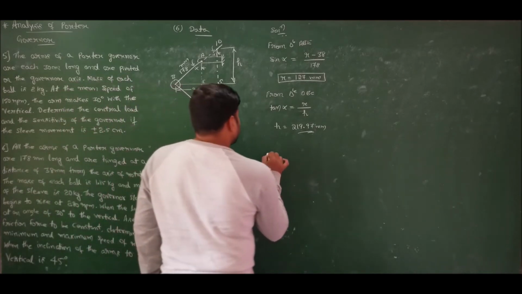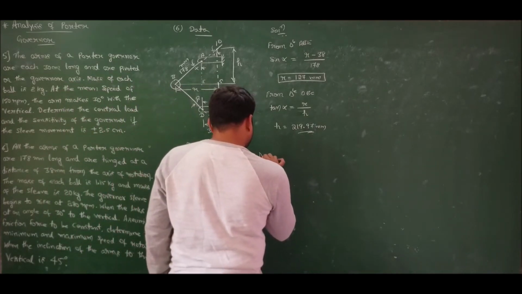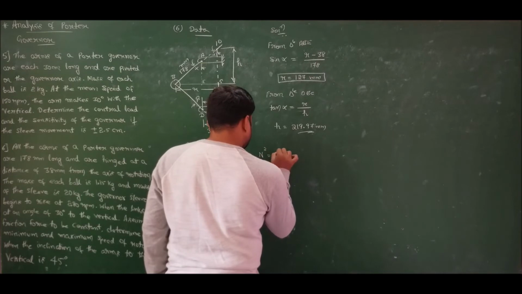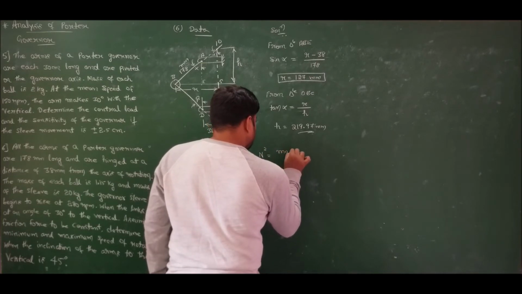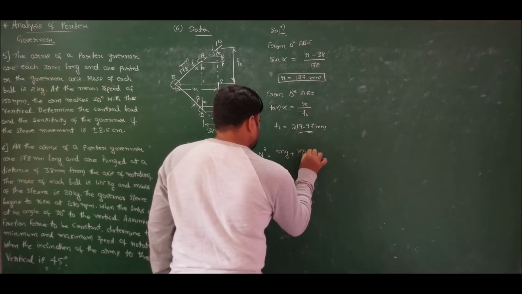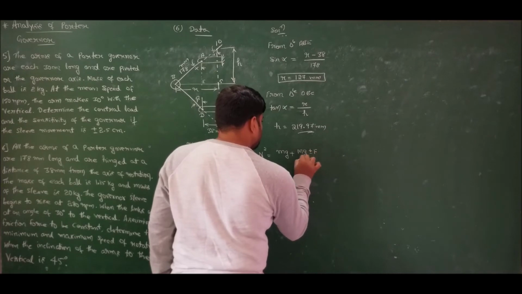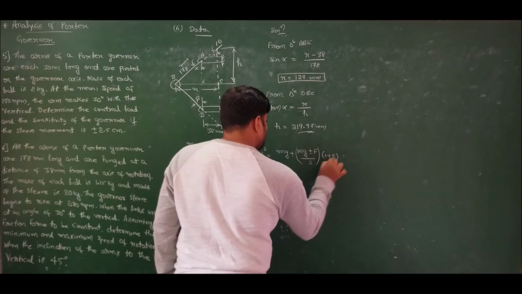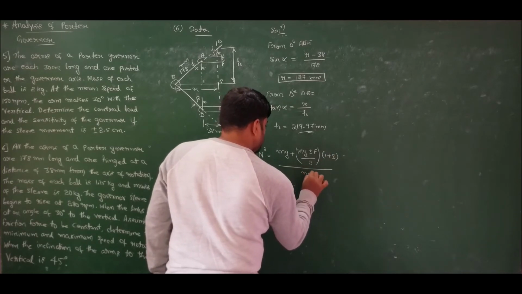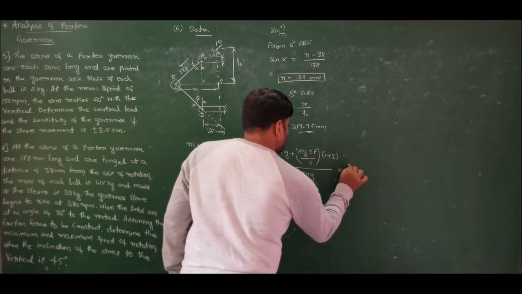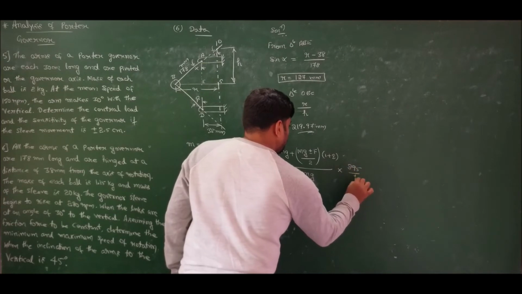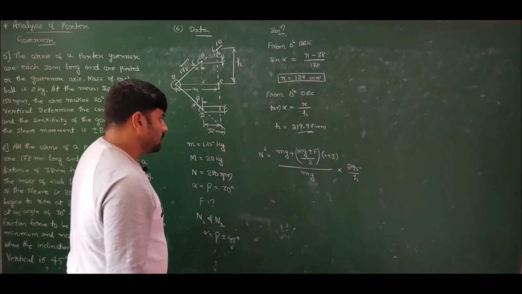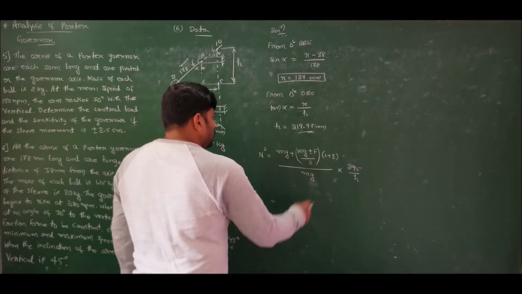We know N square is equal to, by considering friction, mg plus or minus F whole divided by 2 into 1 plus Q divided by mg into 895 by H. Correct? Now we know the value of Q.